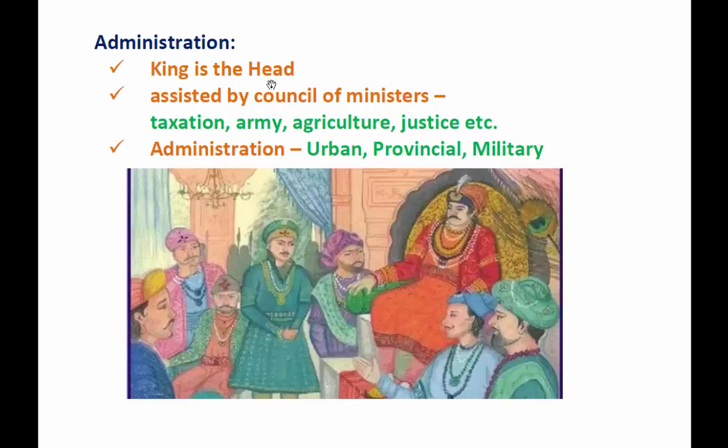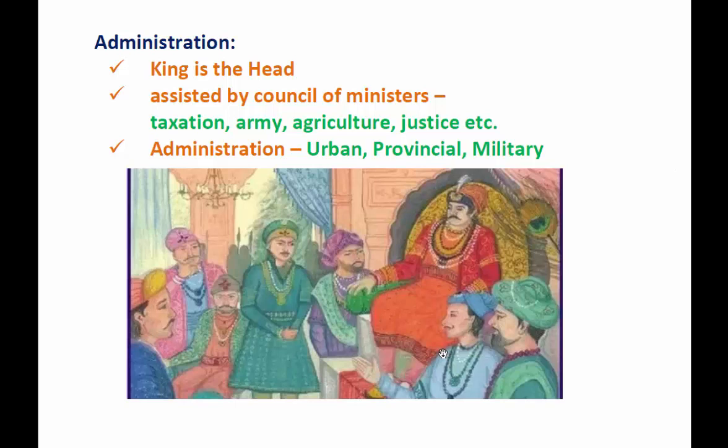As far as their administration is concerned, the king is supposed to be the head of the administration, and he was assisted by a council of ministers, including a taxation minister, army minister, agriculture minister, justice minister, etc. They were in charge of all these portfolios.